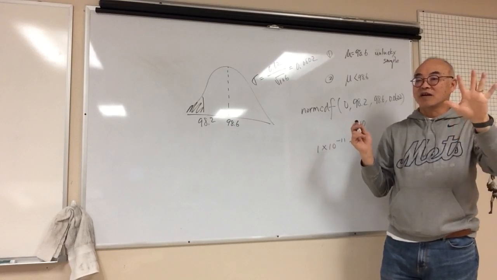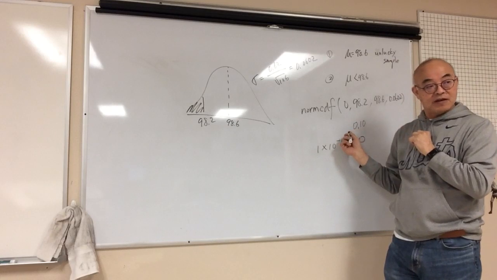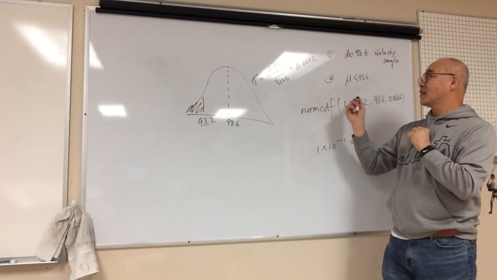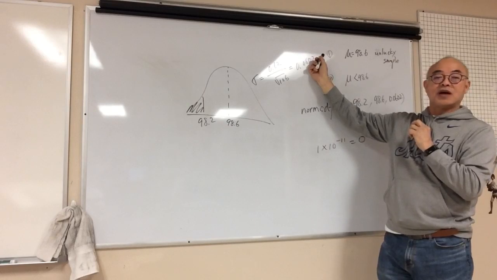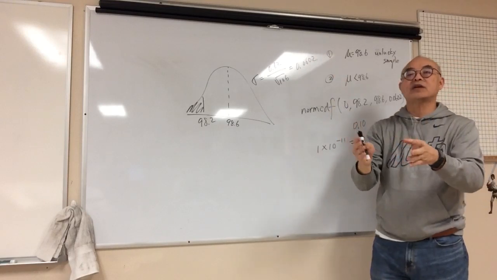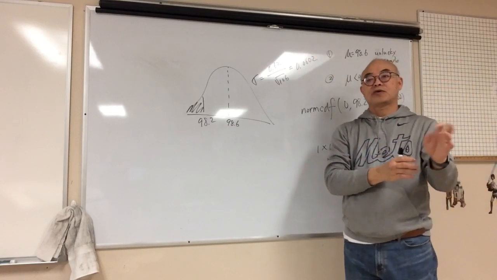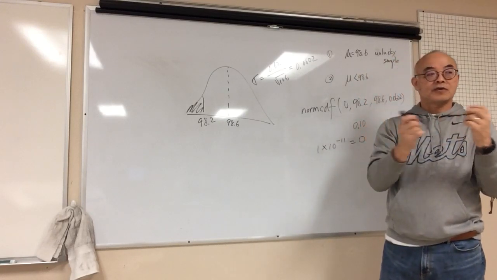What was it? 5%. So it's greater than 5%, which means I have to do this. At that point, well, I just got a bad draw, because it's not significantly low enough to call it statistically significant. You understand that?